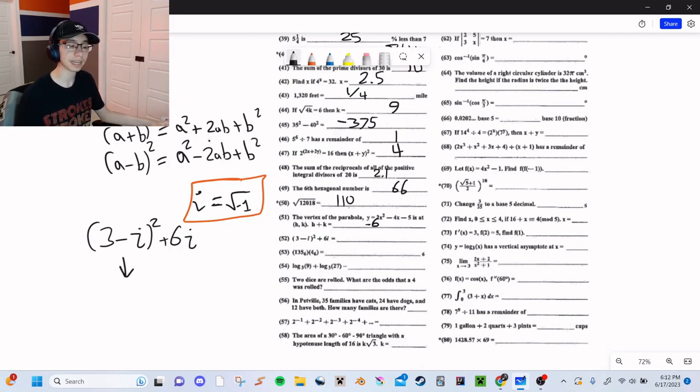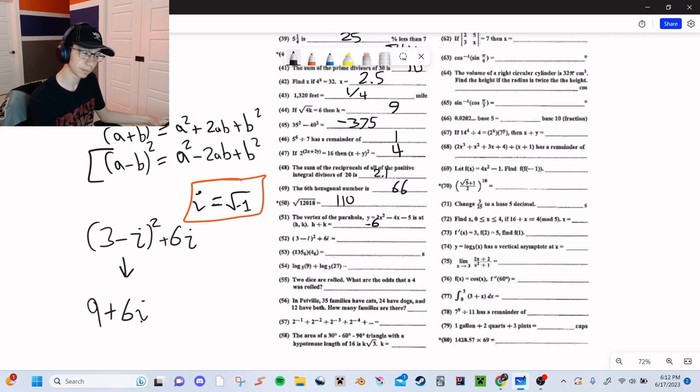We're doing 3 minus i, so we're going to be using this one. Okay, so a squared, that's 9. So minus 2ab, so minus 2 times 3 times negative i, it's going to be plus 6i. Wait, did I do that right? That's minus 2 times 3 times negative i.